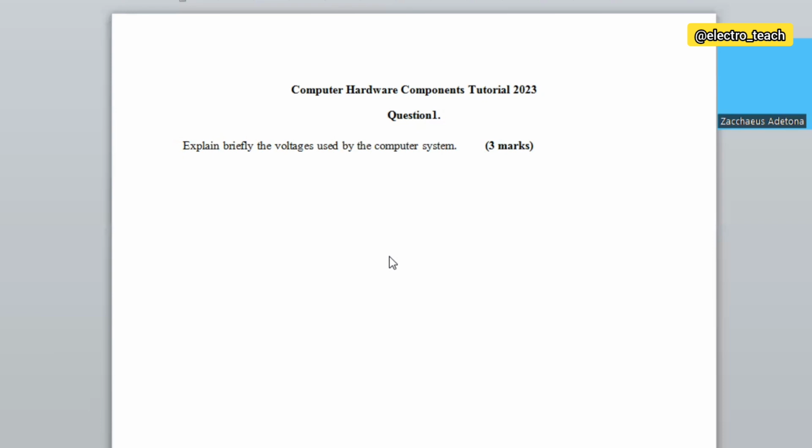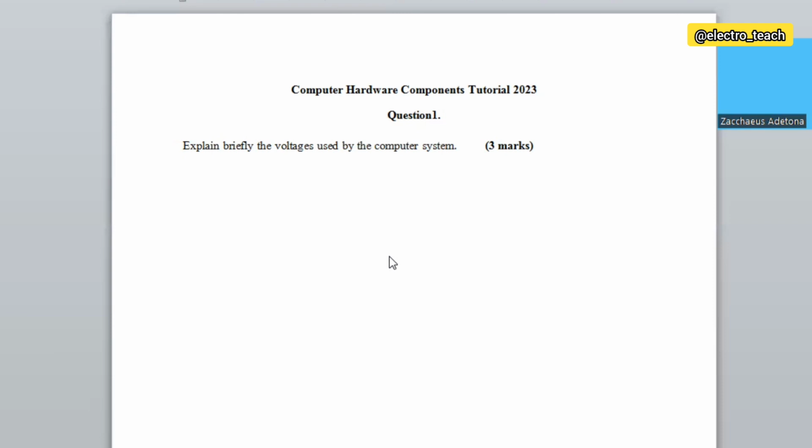Now, the main voltage that you connect to the system is 220 volts, 240 volts, or 110 volts, depending on your location. Here in Nigeria, we use 220 volts from the wall outlet. Internally, the power supply unit converts this voltage to the lower voltage levels that we've mentioned, 12 volts, 5 volts, and 3.3 volts.